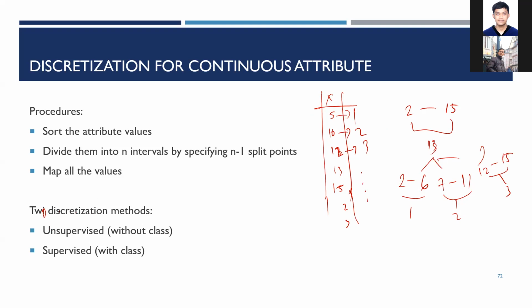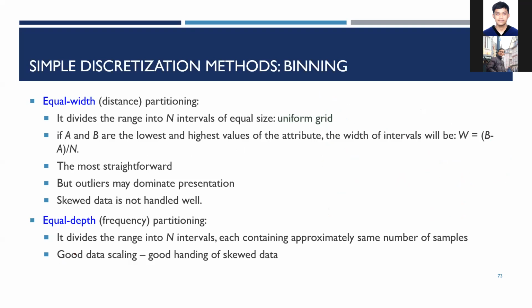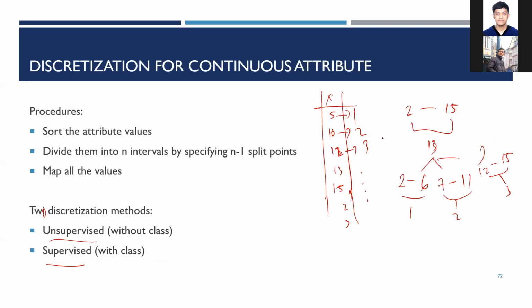Discretization also can use unsupervised or supervised methods. This one is simple discretization. If we use equal width, like for example this, we try to make the ranges the same.